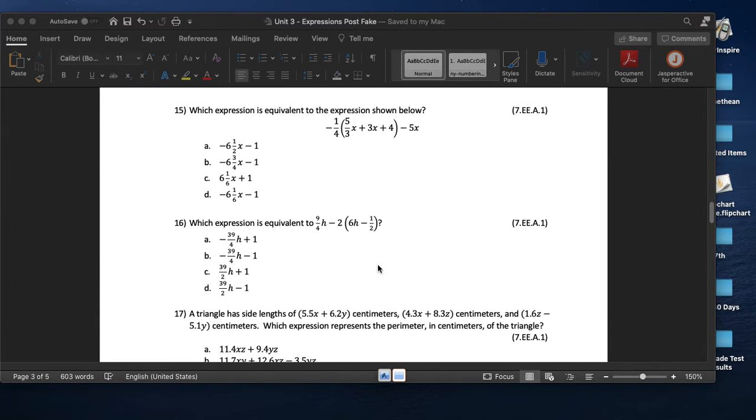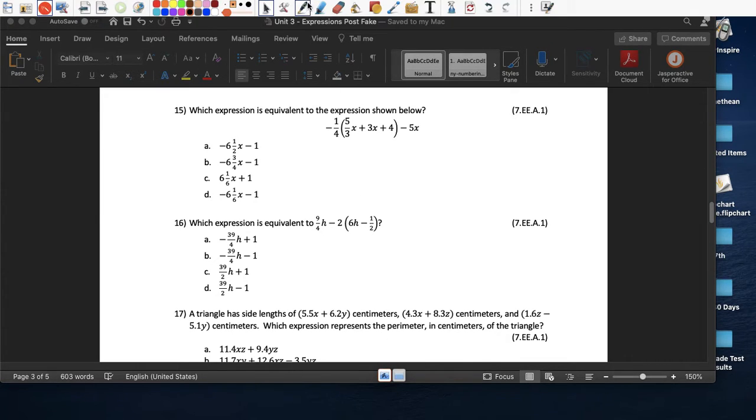Okay, 15, again, just distributive property, guys. So use a calculator. So negative this, and then this, and then that, right? So I know it's going to be something x, and it's going to be negative 5 over 12. Plus negative and a positive is a negative, and 1/4 times 3 is 3/4 x.